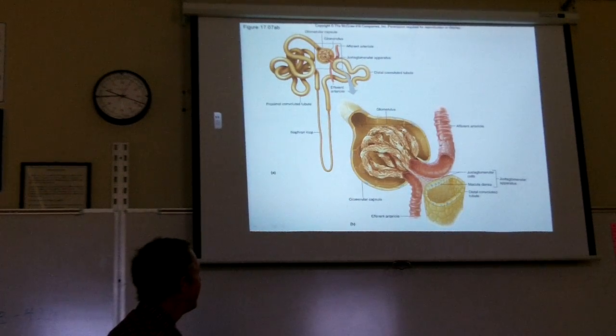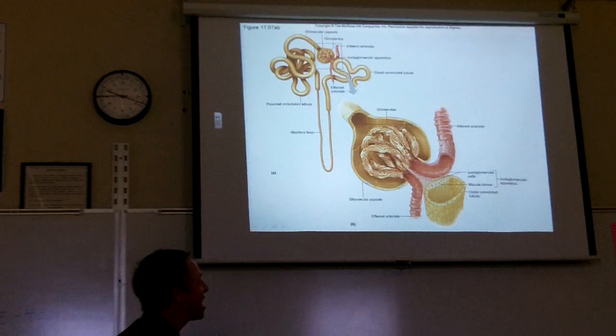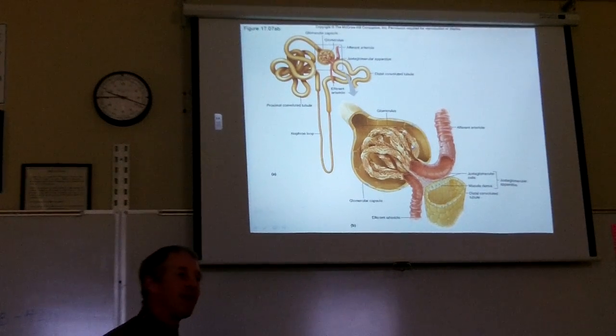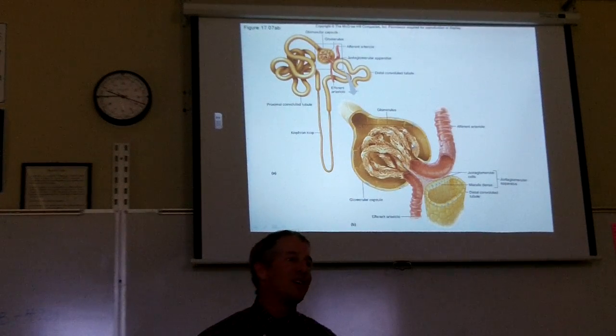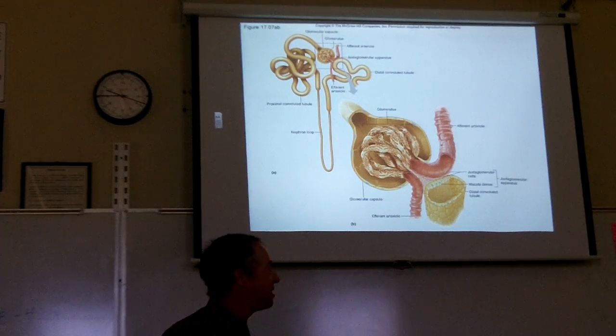Anyway, the glomerulus, the blood comes in. The glomerulus has little tiny holes in it. And almost all the stuff comes out of the blood in the glomerulus. The blood cells can't get through the little tiny holes. But the water and sugars and waste products and hormones, almost everything else does.